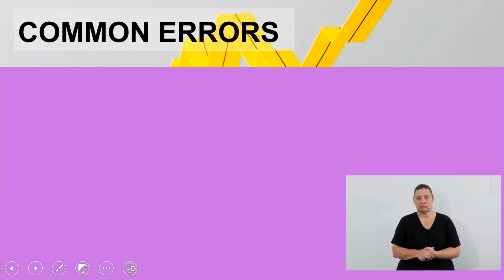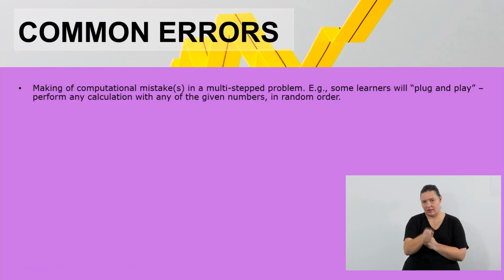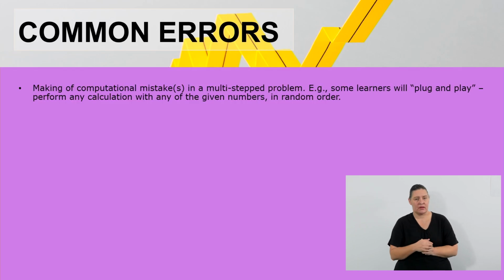When we did the sums, we also looked at some common errors, and I want you to avoid these. Some of it is making computational mistakes in a multi-step problem. When we did the application sums, you can't just plug and play. What do I mean by that? You can't multiply and divide the way you want.